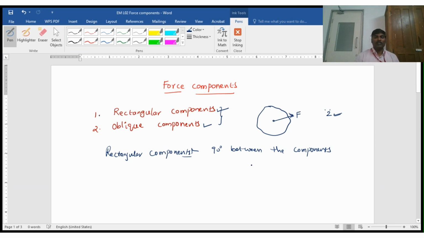So the angle between the components is 90 degrees, and then we call those components rectangular components.